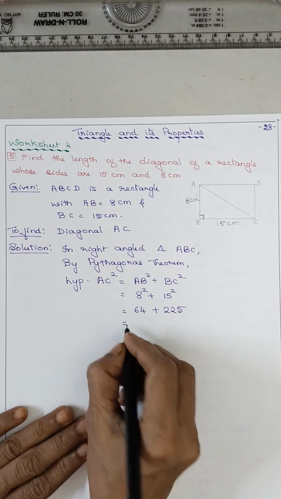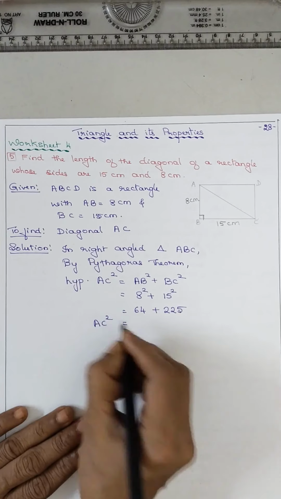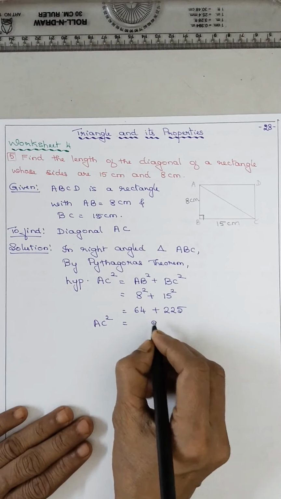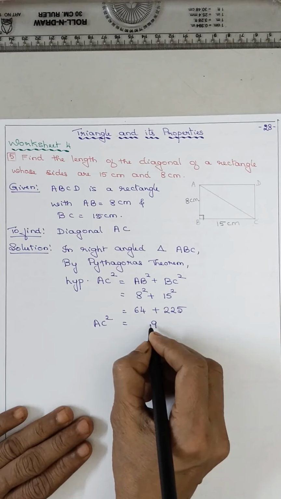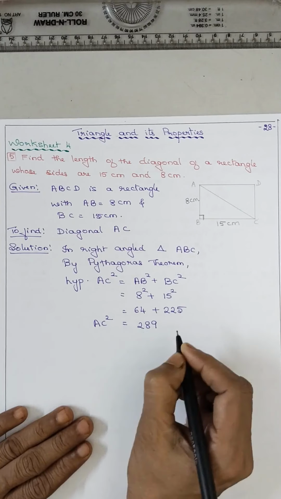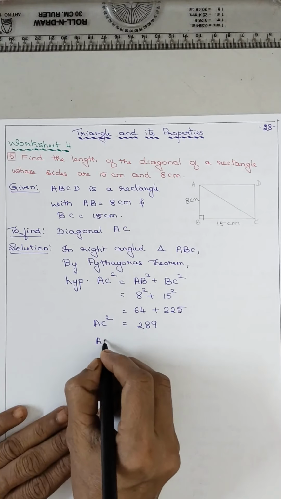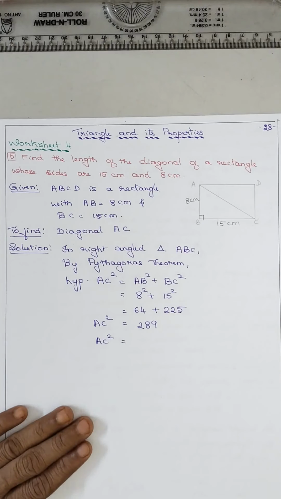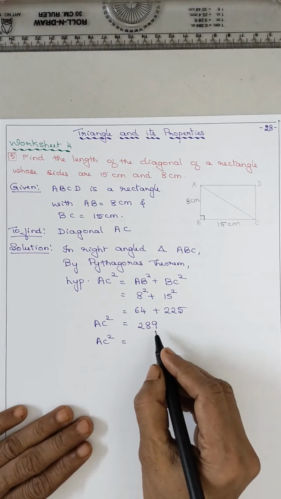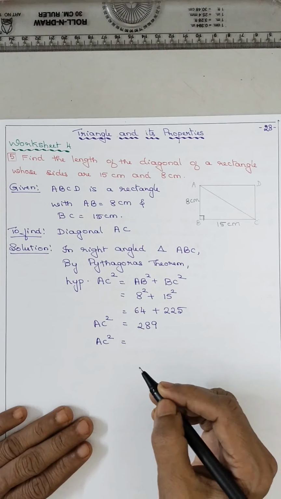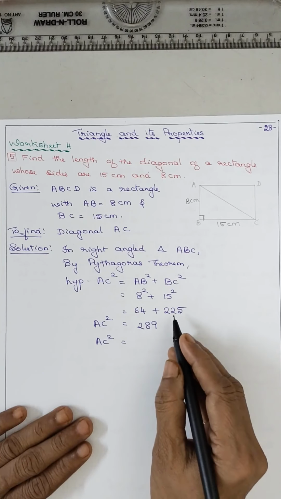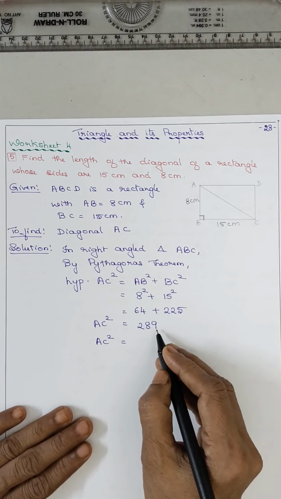When you add, it will be AC squared equals 289. So AC squared is equal to, now it is bigger than 225 and ending with 9.